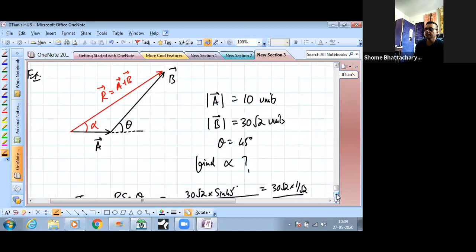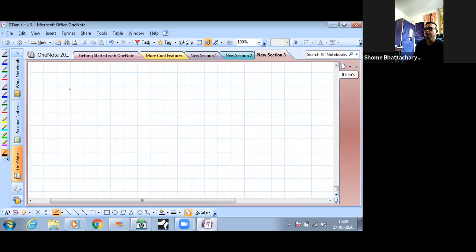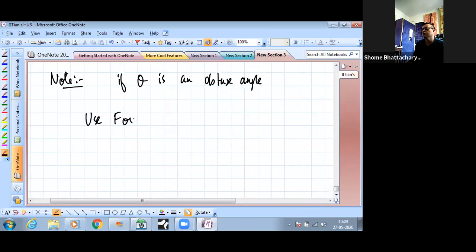So we are at the conclusion of the lecture, but one final thing we'll see: what to do if theta is an obtuse angle. For that, we make use of the trigo formulae, which you might be studying right now.